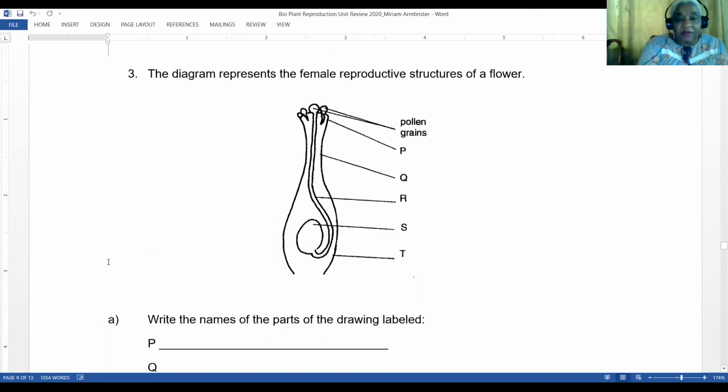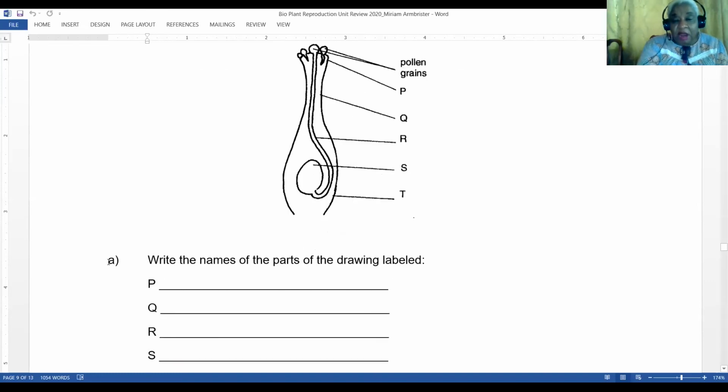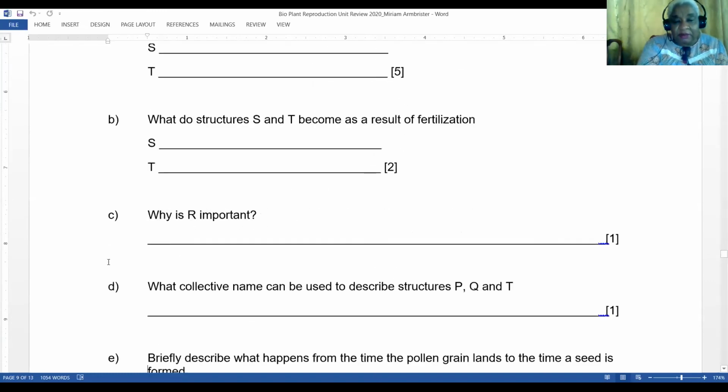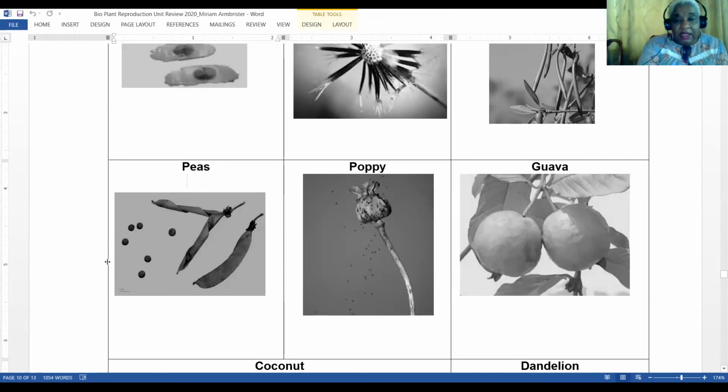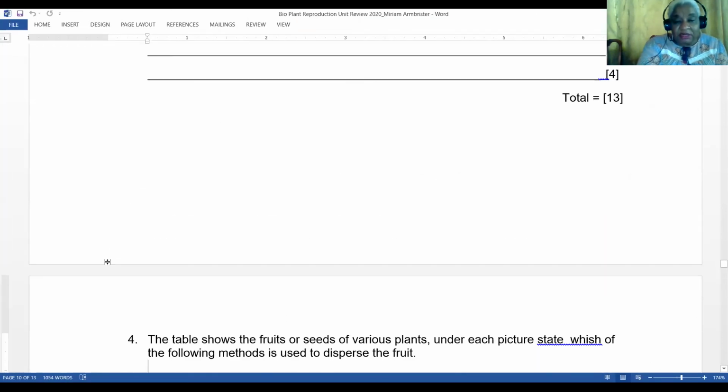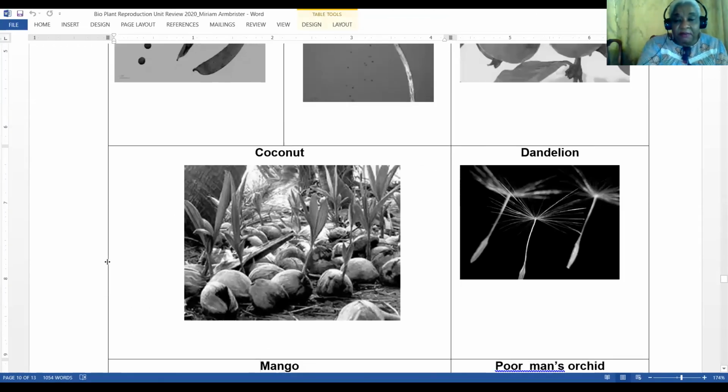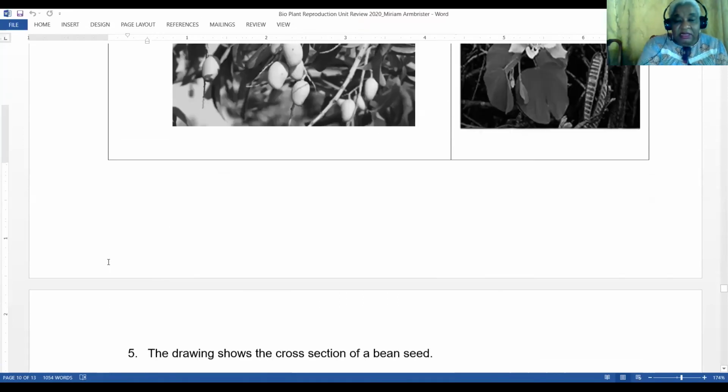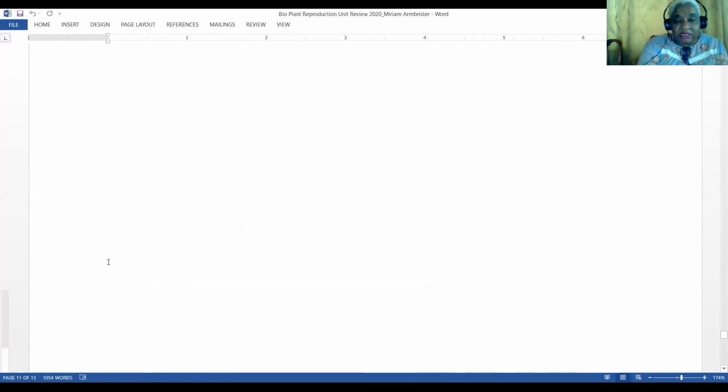And then we have pollination and fertilization. You have to be able to label this carpel with the pollen tube coming down. And then when we finally get around to it, you can have the different types of seeds and flowers, more seeds, etc.